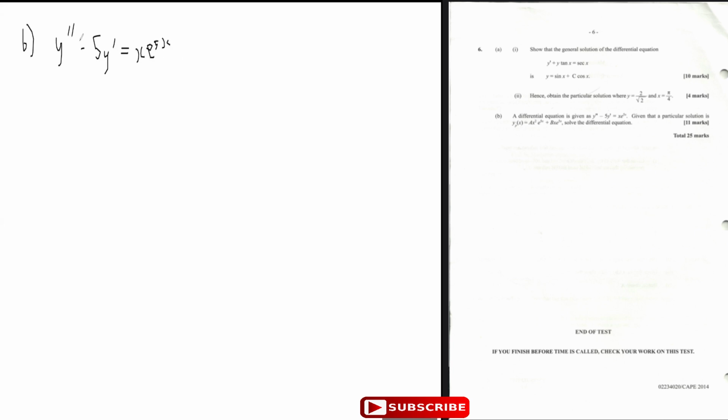And in order to solve this differential equation, step one is to solve the auxiliary equation. So step one, find the roots of the auxiliary equation.